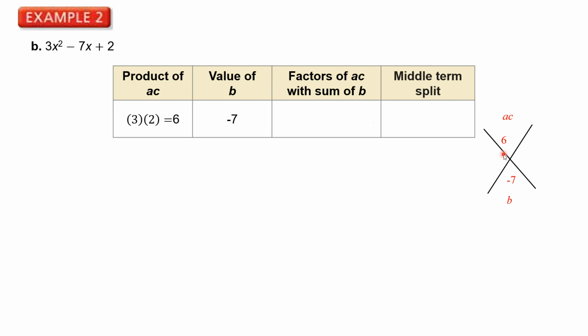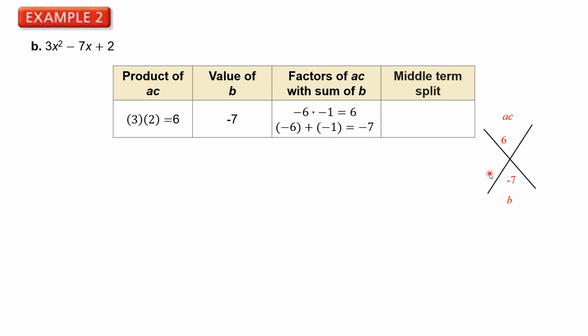So I can still just think about the factors of 6 that give me 7, which would be 1 times 6. 1 times 6 is 6, and 1 plus 6 is 7. But we need to have the two factors both be negative, so a negative times negative is positive. And then we combine a -6 plus a -1, we get -7.